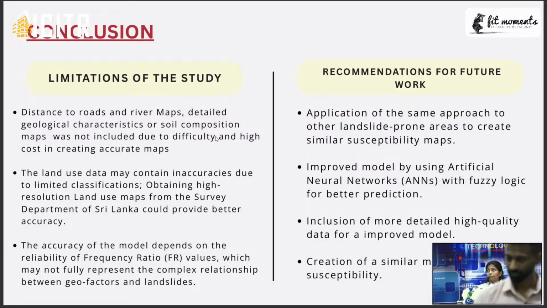Coming to the conclusion of my research, even though this model performs well, it could be better if I could include more data on geological characteristics, such as soil composition, distance to roads and rivers, and so on. I also recommend, as future work, doing this for flood susceptibility and for other regions.